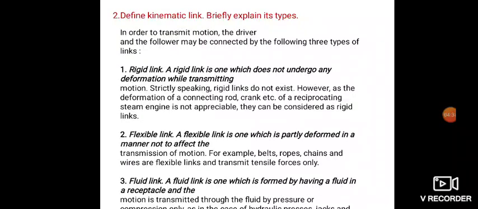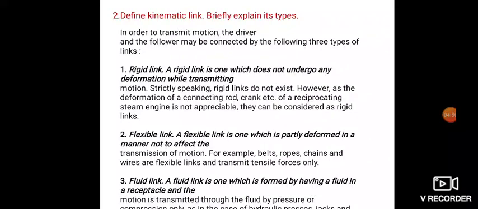First one is a rigid link. A rigid link is one which does not undergo any deformation while transmitting. A flexible link is one which is partly deformed in a manner not to affect the transmission of motion.